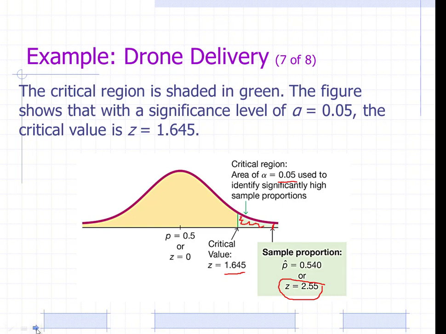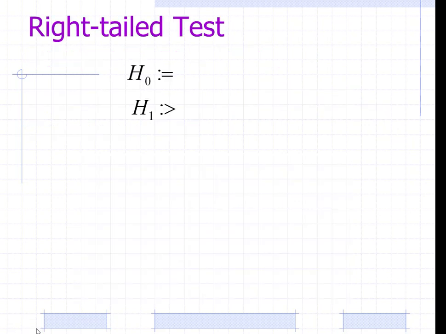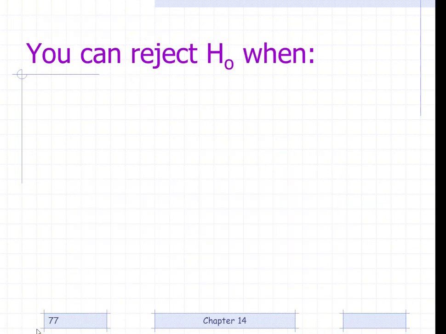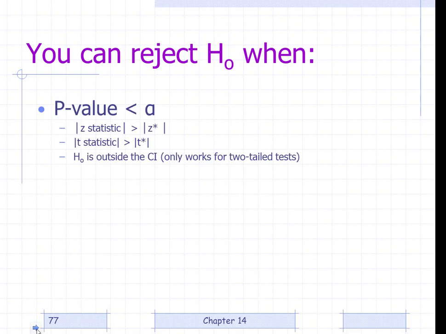That tells us we can reject the null hypothesis. When we have an alternative hypothesis that points to the right, our rejection region will be in the right. So again, you can reject your null hypothesis when your calculated z-statistic is greater than your critical z-statistic.